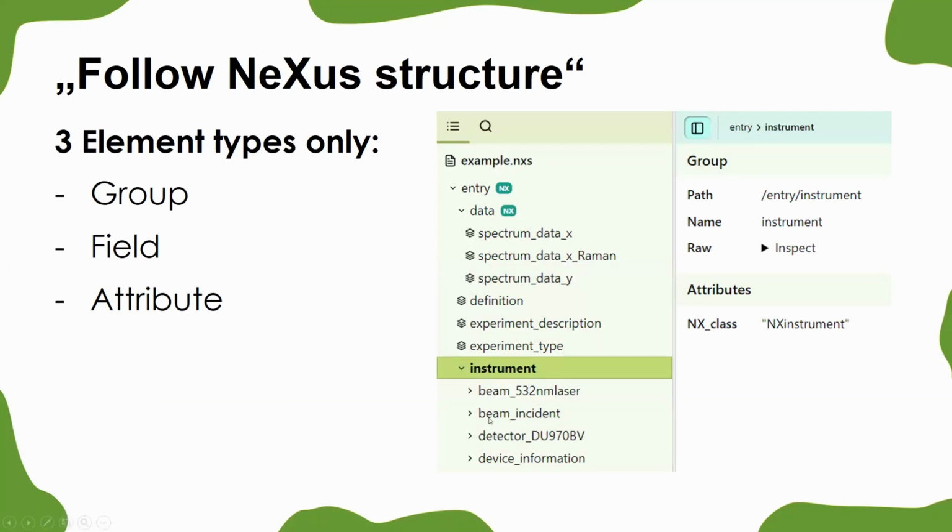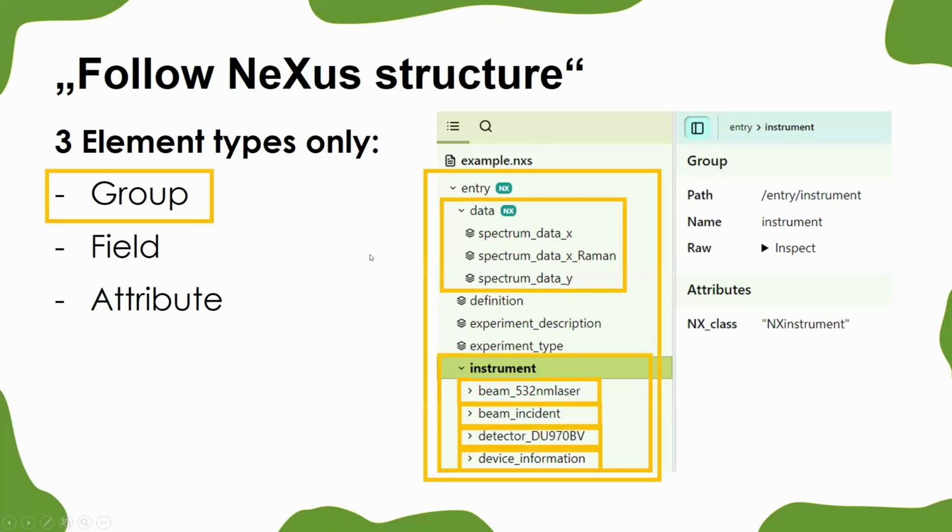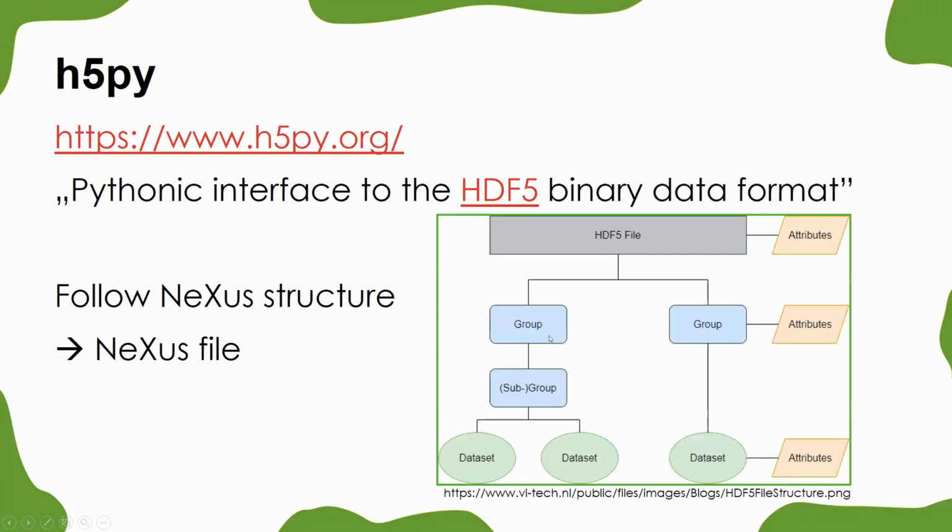Okay, let's go through. You see here a NeXus file, just an example with some elements appended. Groups can contain groups. A group can be inside a group, but a group can also contain data sets, okay?